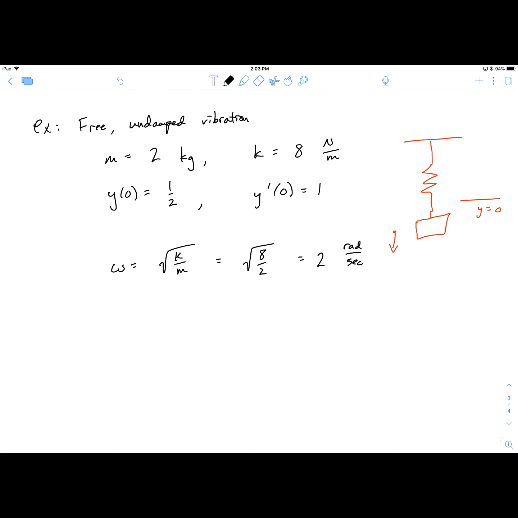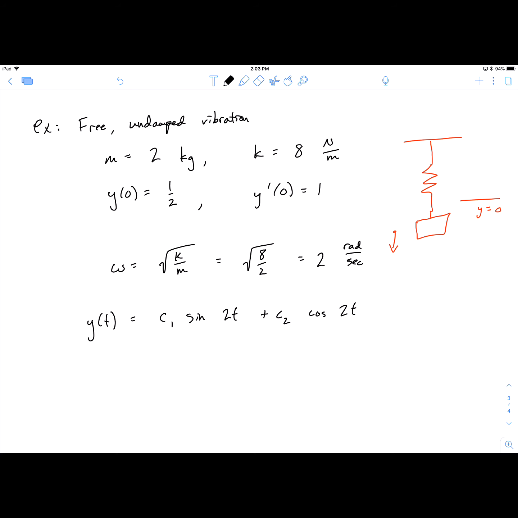Again, that's an angular velocity, and it's related to the cycles per second by a factor of 2 pi. So then our function that describes the position of this mass over time as it relates to the equilibrium position, y of t would be c1 sine of 2t plus c2 cosine of 2t.